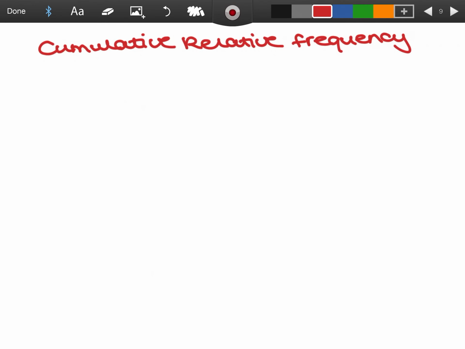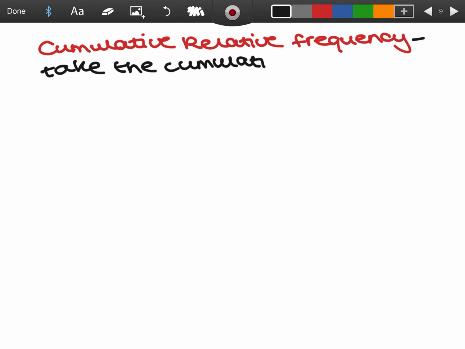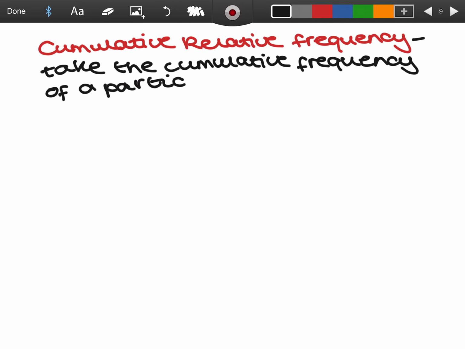So, cumulative relative frequency is where we take the cumulative frequency of a particular class and then you find the relative frequency of that cumulative frequency.